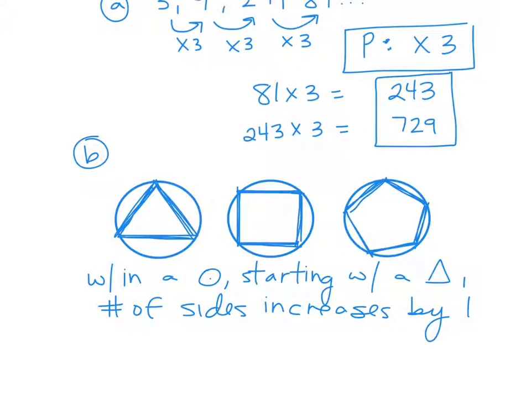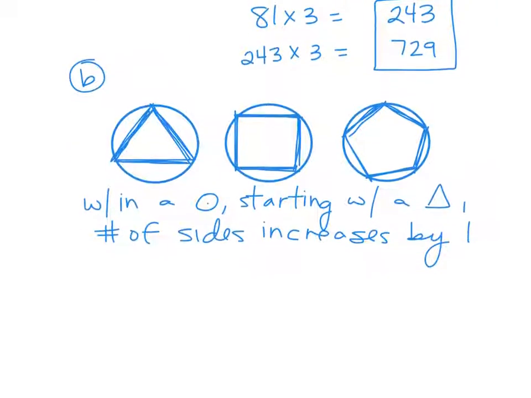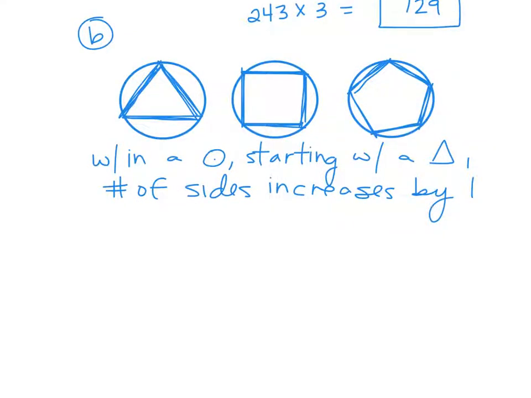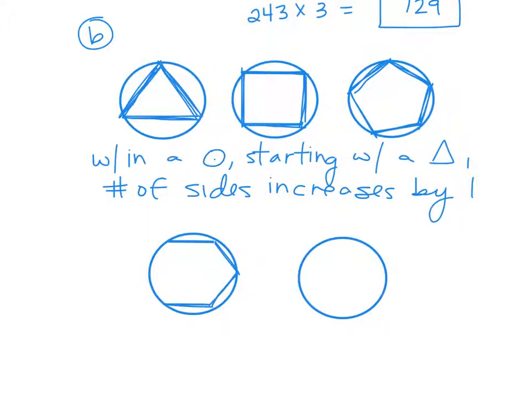Okay. So if we were to draw our next two terms, we would have a hexagon and a what? Not octagon. We would have a hexagon, so the next one's going to be 6, I'm sorry, right? So this is 6-sided.